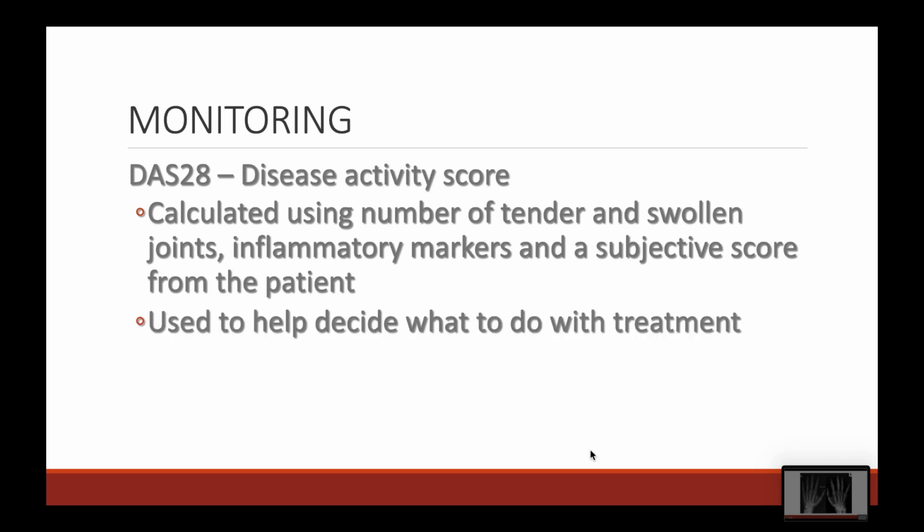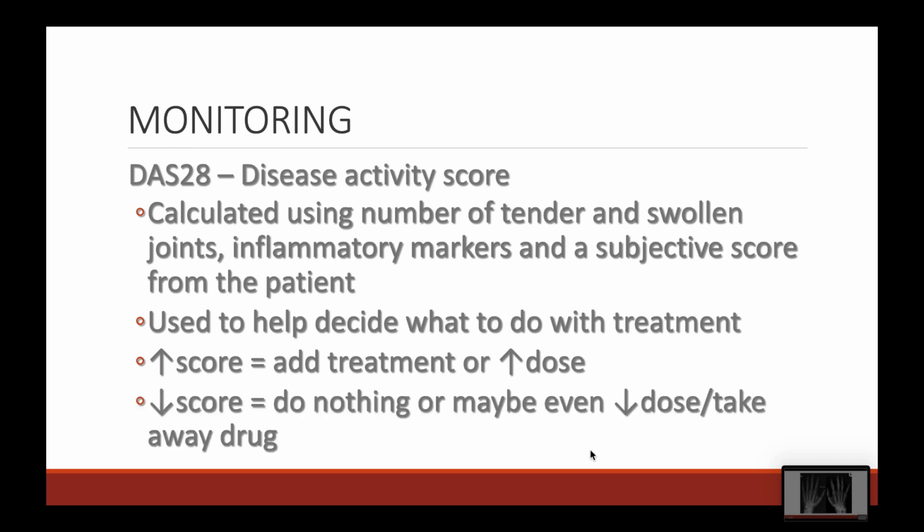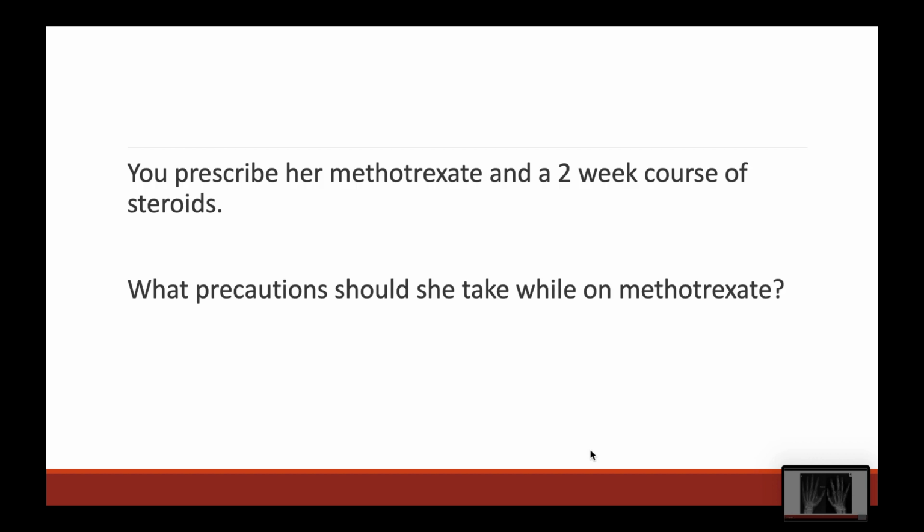This helps to decide exactly which treatment to use, as well as the dose. So if there is a high score, you would increase the treatment or increase the dose. If you have a low score, then you would consider observation, decreasing the dose, or stopping the drug. So you started prescribing her methotrexate and a 2 week course of steroids.